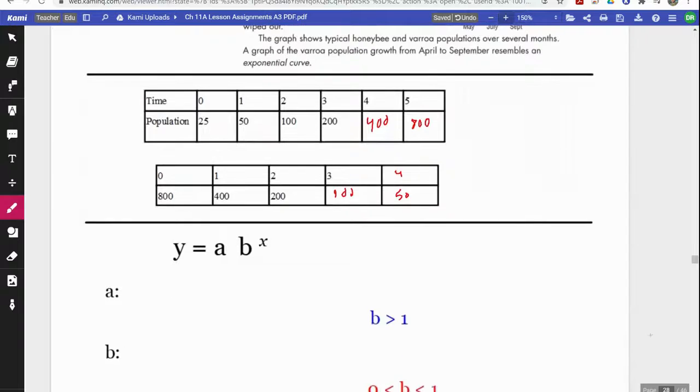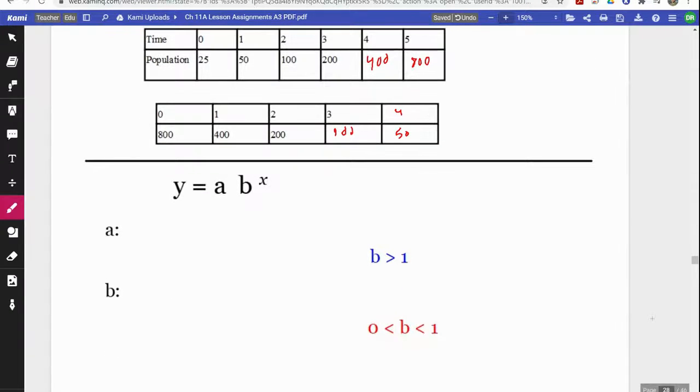Essentially, there's a formula for that. In a graph it would be y equals a times b to the x, where a and b are constants, just numbers, and x is the exponent, and that's our independent variable. It's what we input, you would input time there, for instance, to see what your total population is at that time.